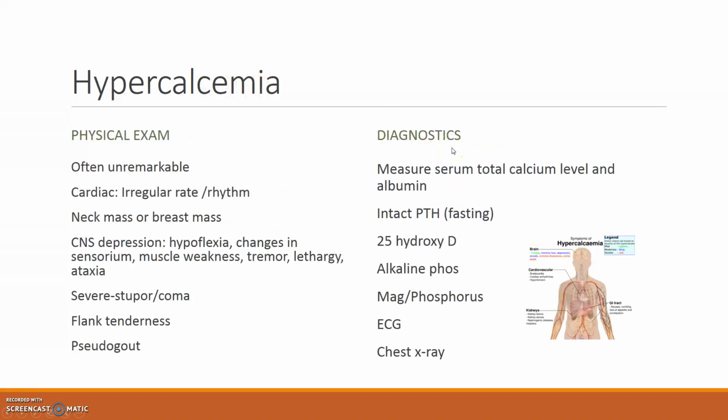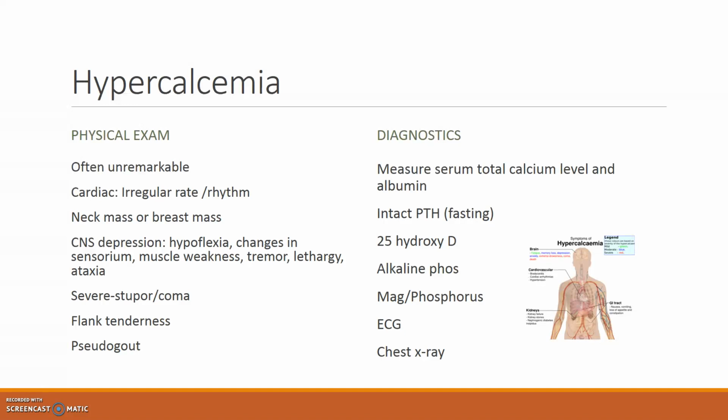With hypercalcemia, the physical exam is often unremarkable, but if there are findings with levels above 11.5, you might assess an irregular rate in cardiac rhythm. You might also discover a neck mass from the parathyroid area and thyroid area, or a breast mass.